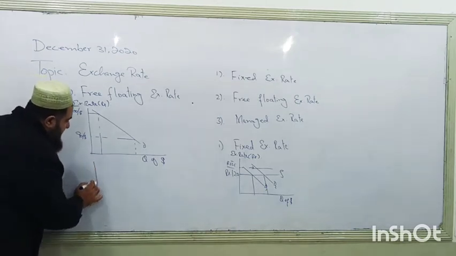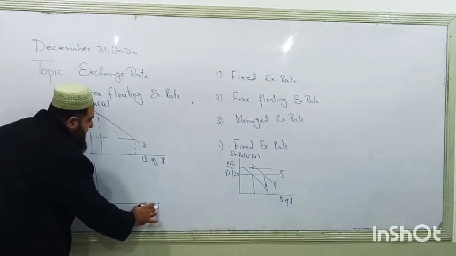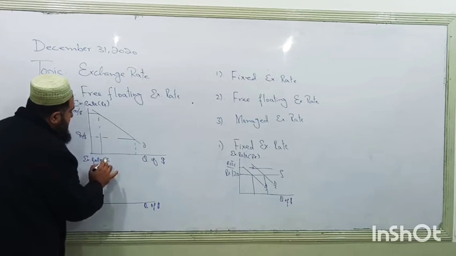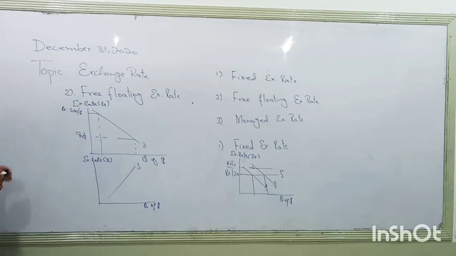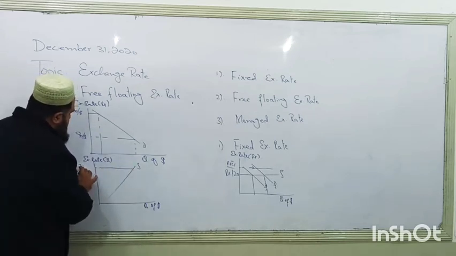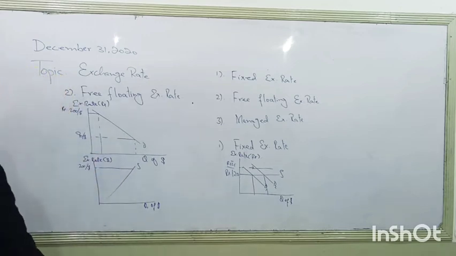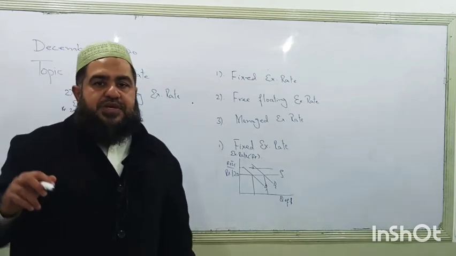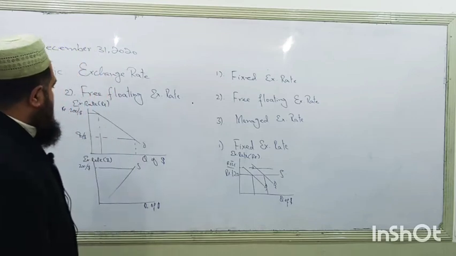Now let us see what is happening in the export market. This is our export market. Now this is the supply of dollars, which is upward sloping. Suppose when the exchange rate moves to 200 rupees per dollar, exporters are very much encouraged to export. So there will be more dollar inflow, they will be exporting too much, and the supply of dollars to our market will be flowing in.